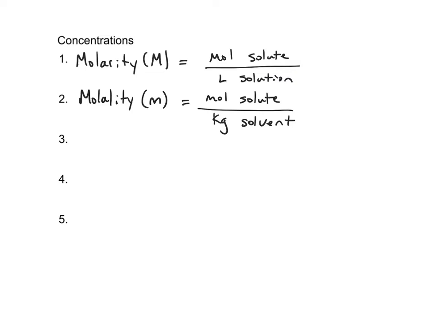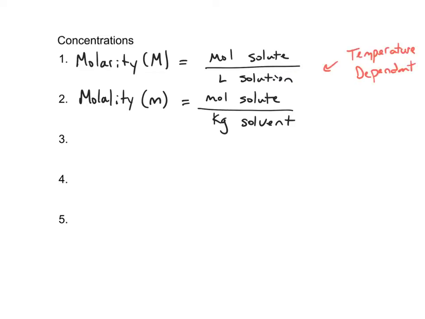If you increase the temperature of a solution, you're actually decreasing its molarity, because as the solution increases its volume, keeping the same number of moles of solute, it becomes more dilute. Whereas if you increase the temperature, it doesn't affect the molality at all, because mass is not temperature dependent.